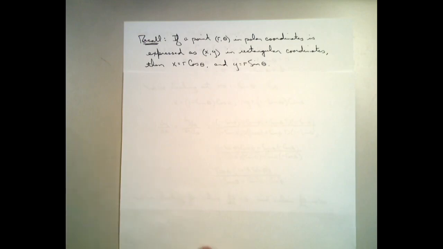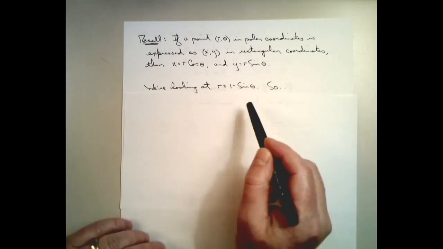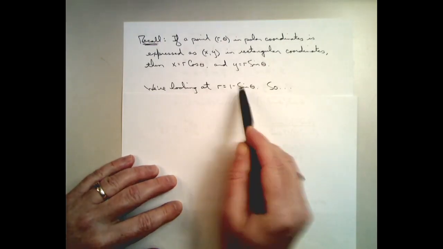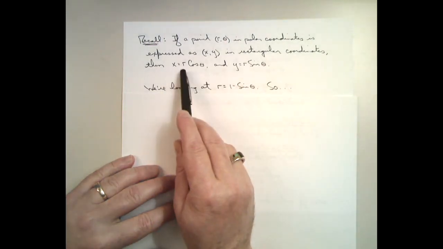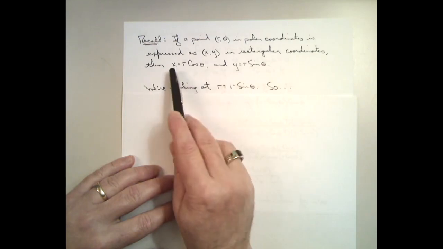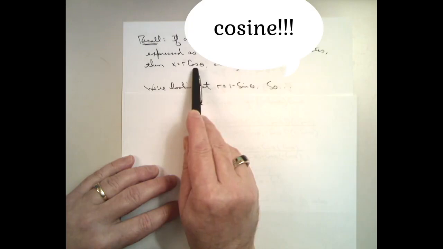Well, we're looking at the function r equals 1 minus sine theta. Well, if r is 1 minus sine theta and x is r times cosine theta, then it looks like I can describe my x coordinates as 1 minus sine theta times cosine theta.